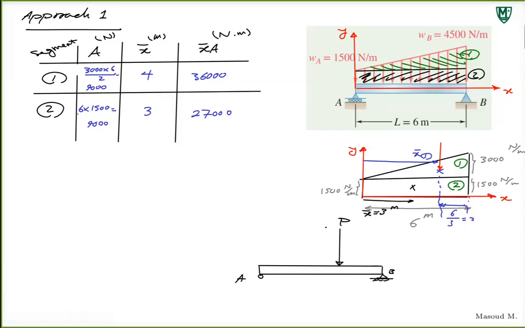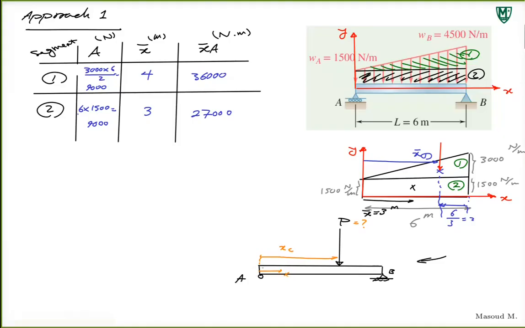It's equivalent. We said we're going to convert distributed load into point load. This is what we're looking for, which means I need to know what is the value for P, and I need to know how far this is located from one end. Right? So just call it XC.